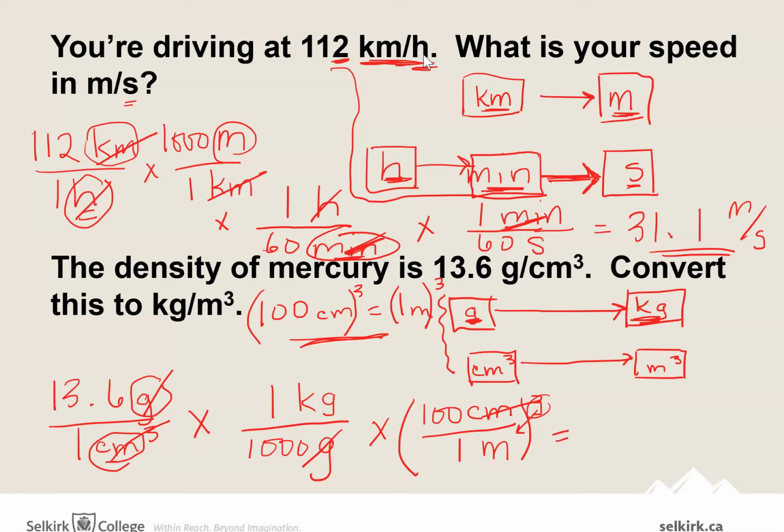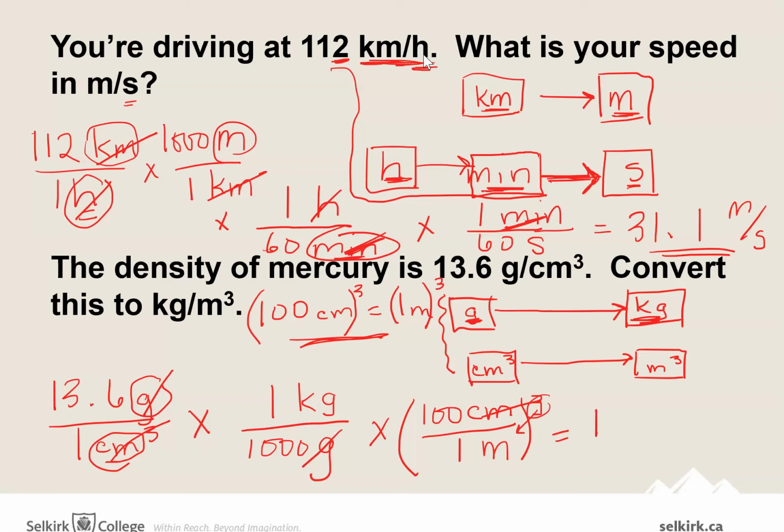So now I'm going to grab my calculator. Well, maybe I'm not. You're allowed, and you might want to pause and do that. But what I see is I'm taking 13.6 times 100 cubed times 10 to the 6th, divided by 1,000, 10 to the third. 10 to the 6th divided by 10 to the 3rd is 10 to the 3rd, or 1,000.